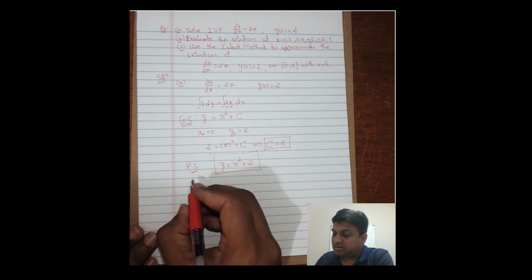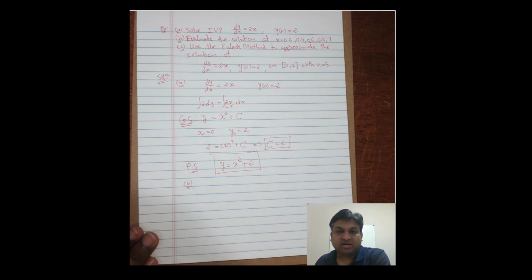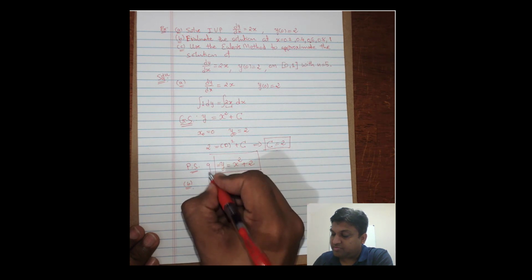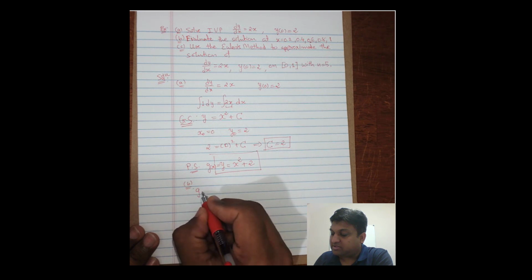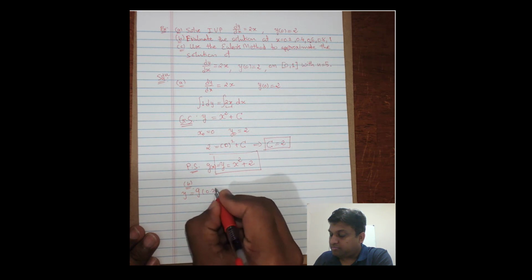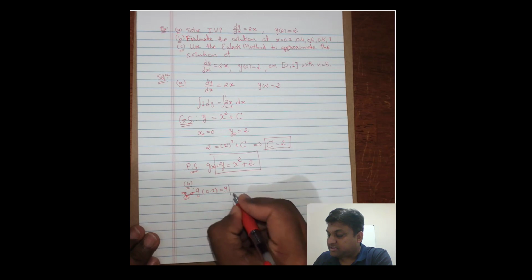Now I can answer number 2. As I said, number 2 is just a plain computation. This is my solution function g of x. I want to evaluate g at 0.2. You can also write it like this, y at 0.2.